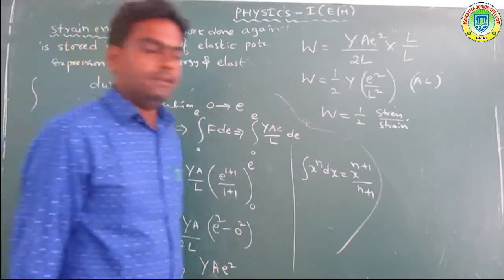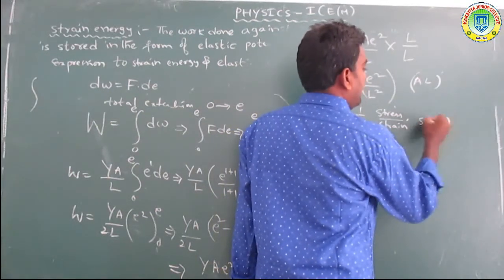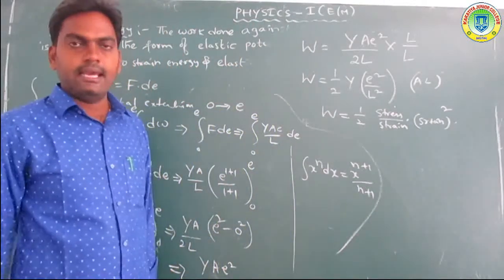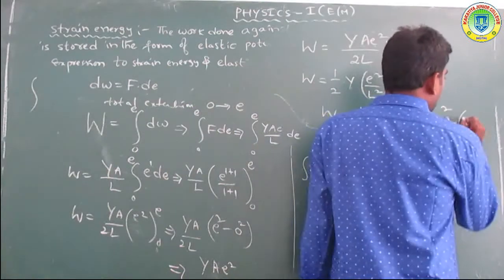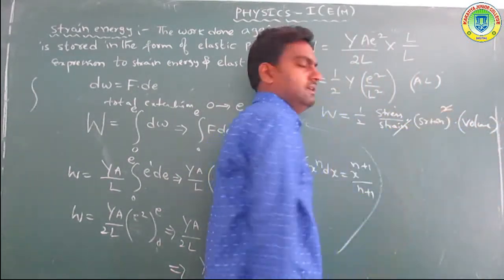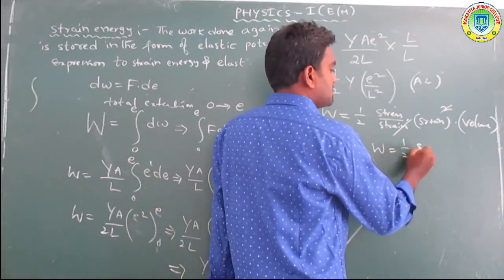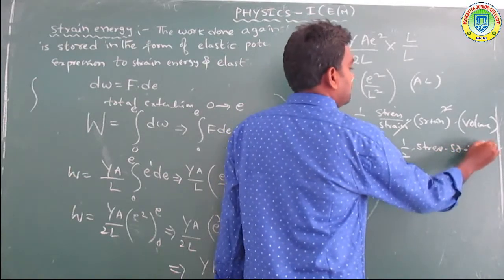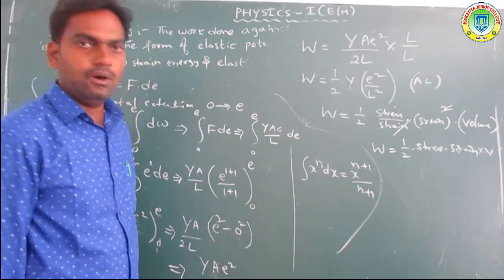So it is strain squared, times A into L. Area into length is called volume. Strain cancels, and the remaining equation is one half into stress into strain into volume.